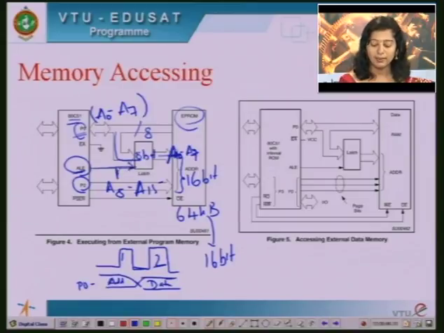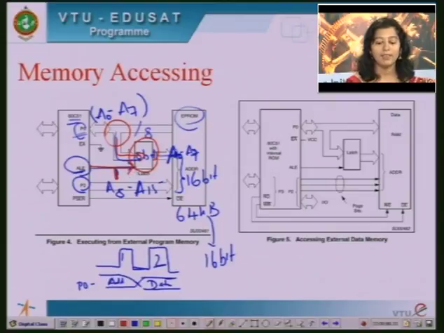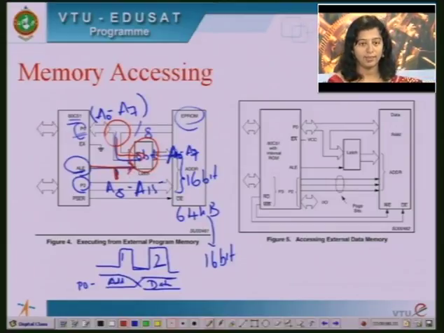Whenever I make the address latch enable pin high, whatever address is available here, that address will be saved on the latch, and once it is saved on the latch, it is available for further usage here. So totally the 16-bit address will be available, and ALE stands for address latch enable. It is made active high to store that data.